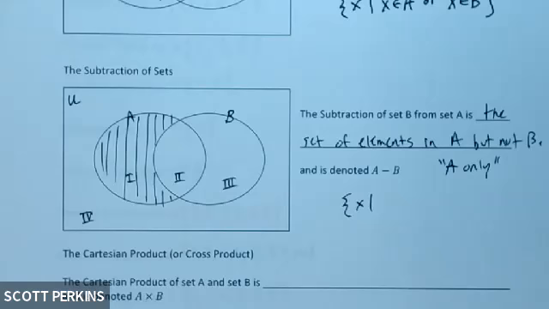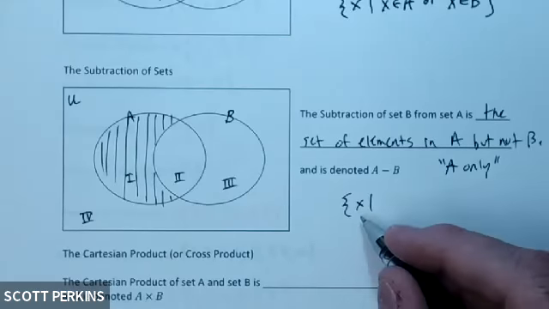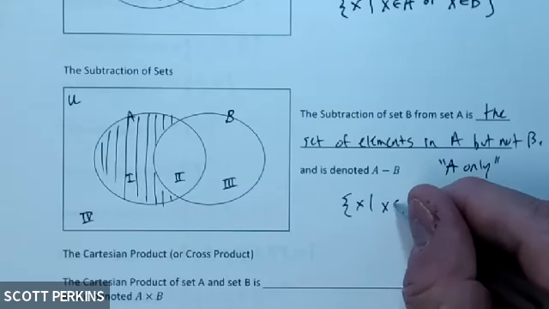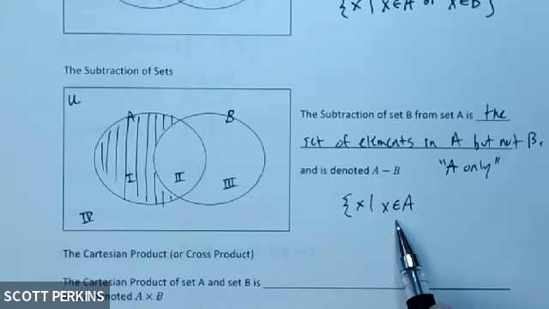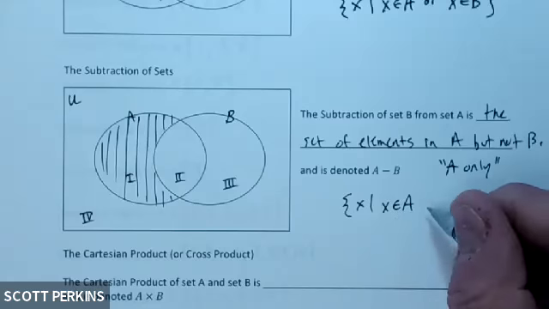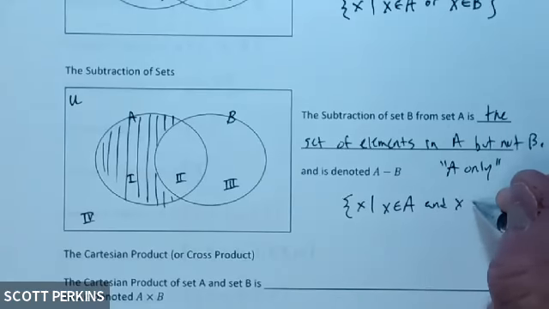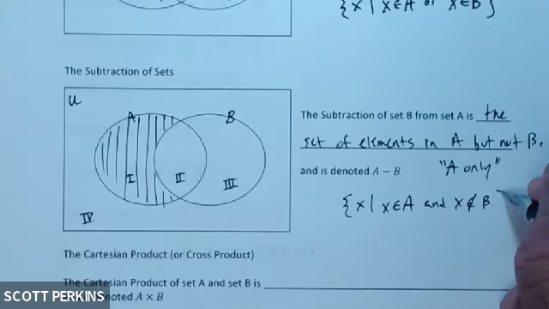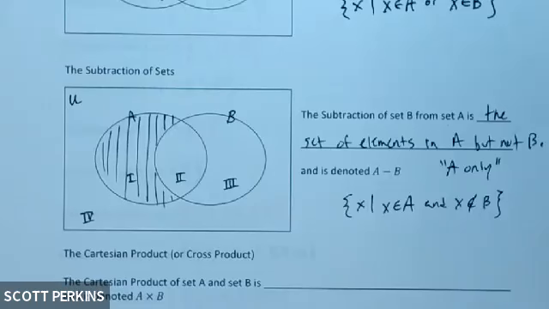I wanted to show you a little bit of a difference. So the set subtraction is the set of values X such that X is an element of A. Remember, it's good to keep us current on this symbolism. This E with the corner shaved off means is an element of, and then X is not an element of B. That would be how you describe it in set builder notation.